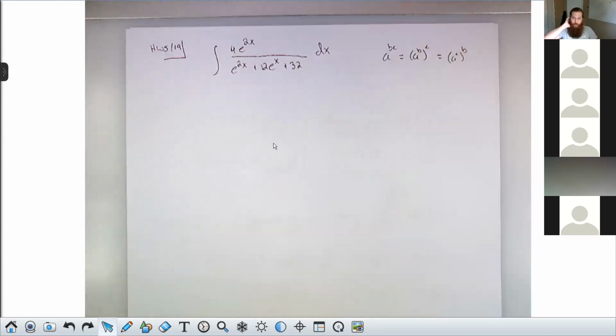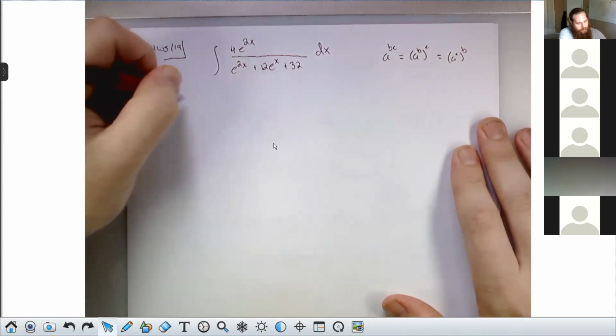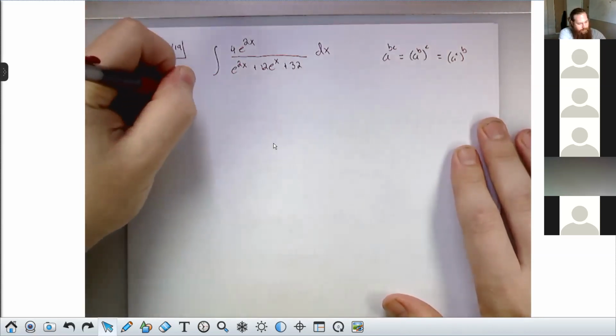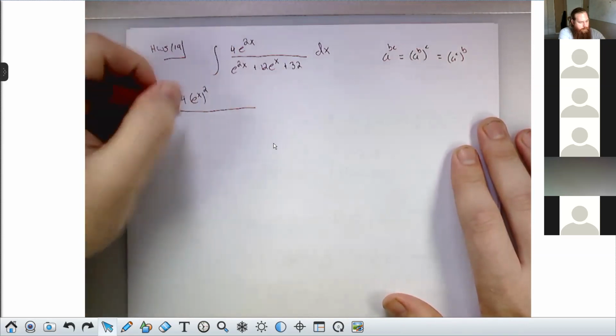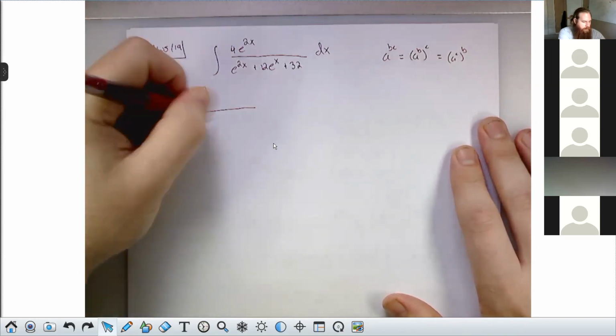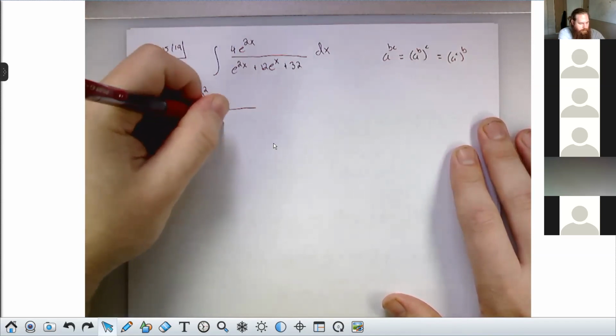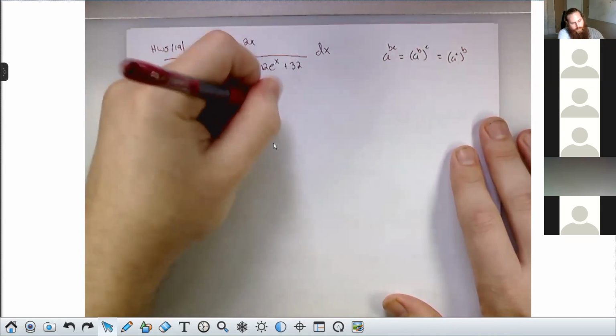So those e to the 2x's are really e to the x all squared. I'll leave the 4 in. This is 4 times e to the x all squared, divided by e to the x all squared plus 12 times e to the x plus 32 dx.